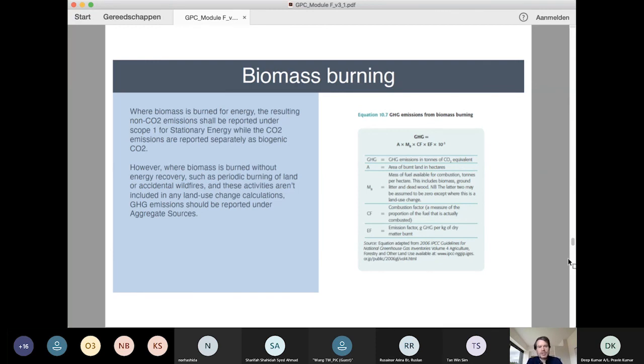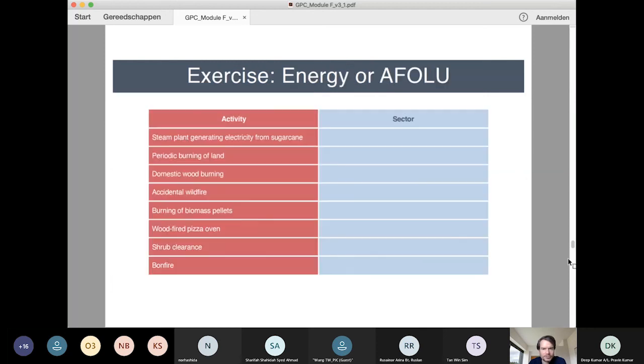But if the biomass is burnt without energy recovery, and in this case, when you're burning land for agriculture or an accidental fire, they're captured under aggregate sources under FOLU. And you've got the calculation there. Basically you look at the area of land burned, the mass of fuel available for combustion, the combustion factor, and an emission factor to convert that to greenhouse gas emissions.